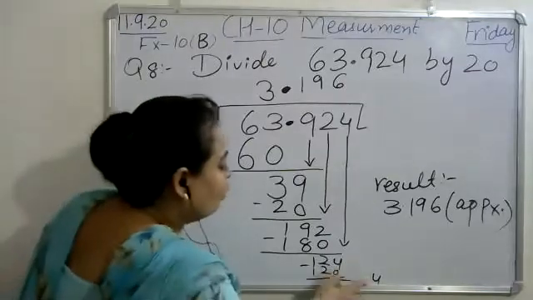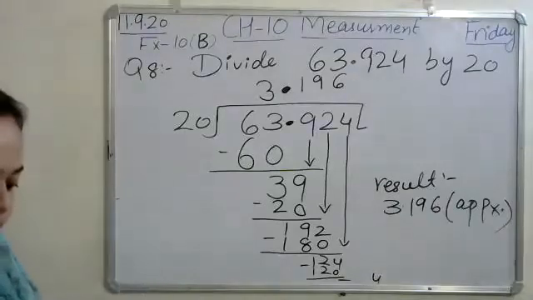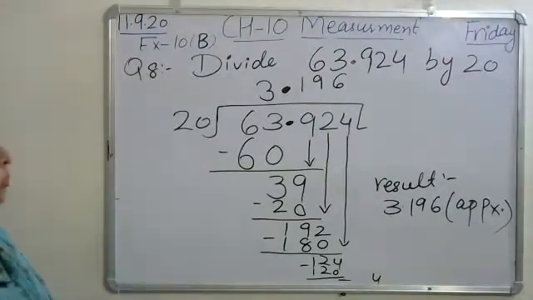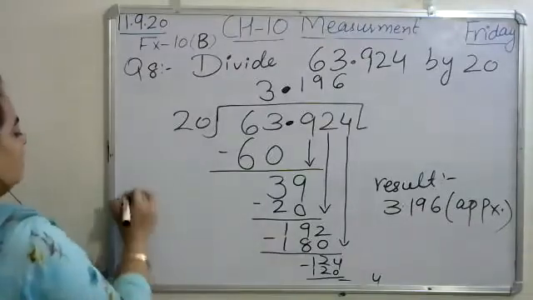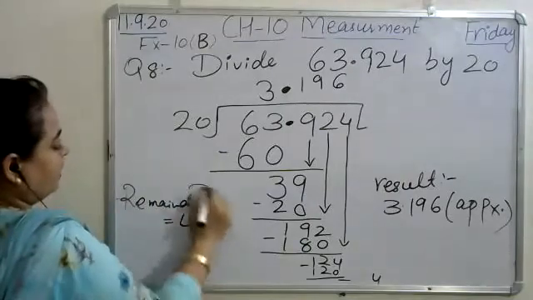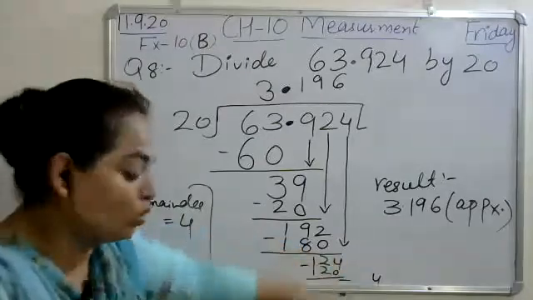Yes, remainder is 4. What is the remainder here? Remainder is equal to 4 here. 120 minus 20 is equal to 4.